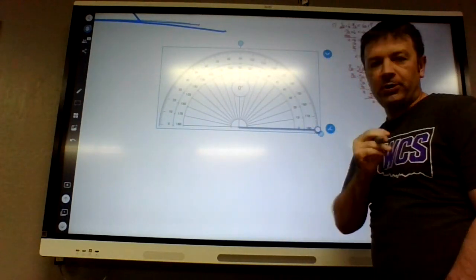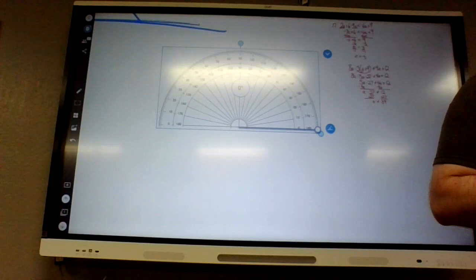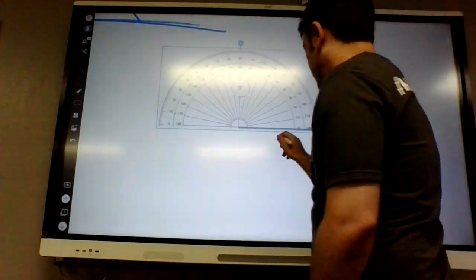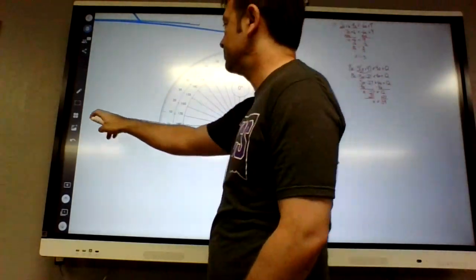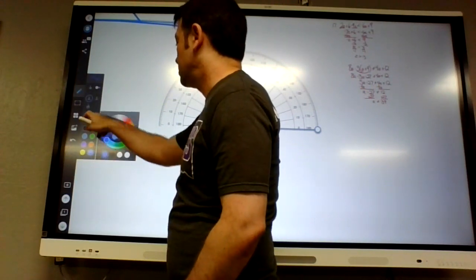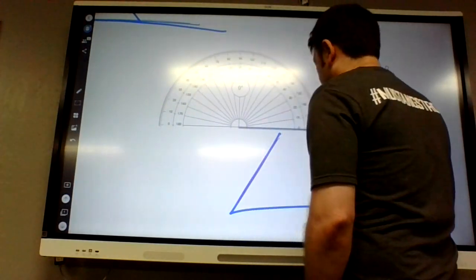Okay, so here's how a protractor works. We're going to be measuring number 15, angle NMO. So I'm going to draw a random angle here.